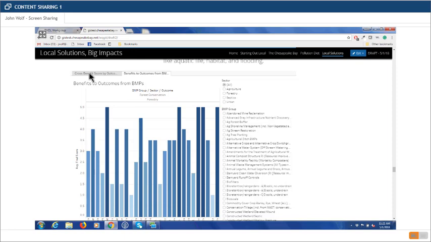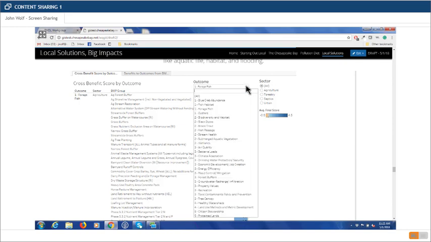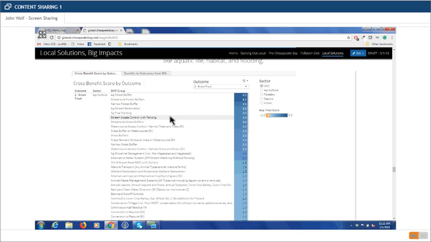And the idea here is that you may be taking actions locally that are removing nutrients and sediment, but they also have benefit to other business cases of the Bay program. And so for these various BMPs, you might look at, oh, I don't know, let's look at brook trout. And so these BMPs that are being credited with nutrient reductions are also valuable for these other outcomes.